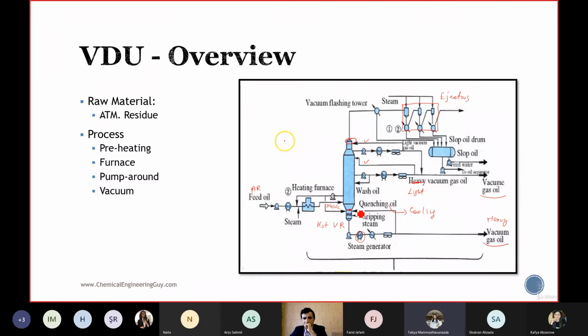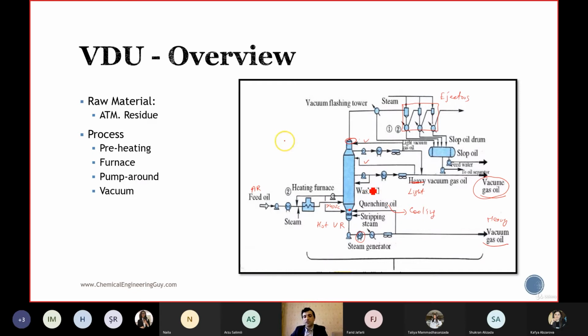It's clear. Thank you very much. Yes, the wash oil is also the same, to control the quality of vacuum gas oil. If you see that there are some problems in terms of the boiling point or other parameters, you play with the amount of wash oil which is sent back to the column.